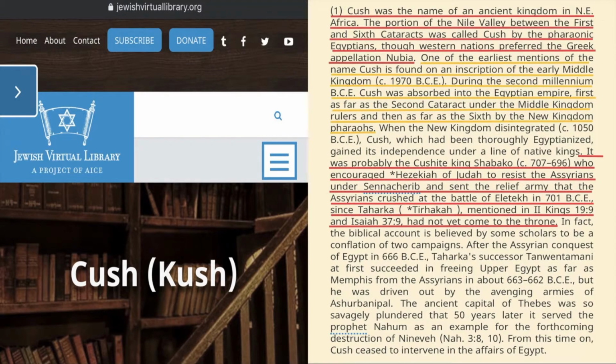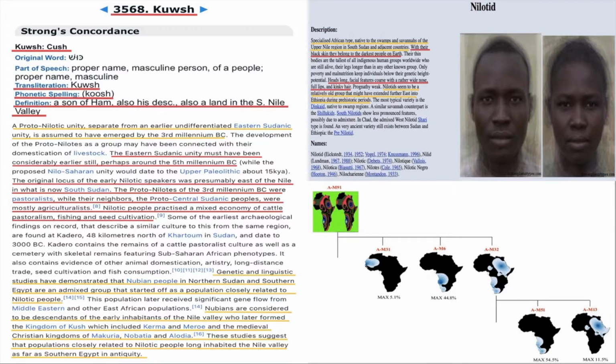And so when it comes to Cush, son of Ham, his descendants would have settled in the southern part of the Nile Valley. When it comes to Cush, this would be your Proto-Nilotic people. A Proto-Nilotic unity separate from an early undifferentiated Eastern Sudanic unity is assumed to have emerged by the 3rd millennium BC.